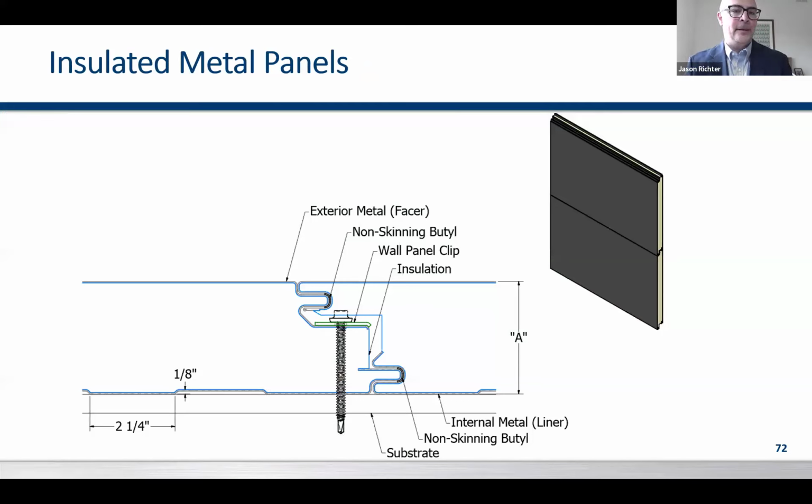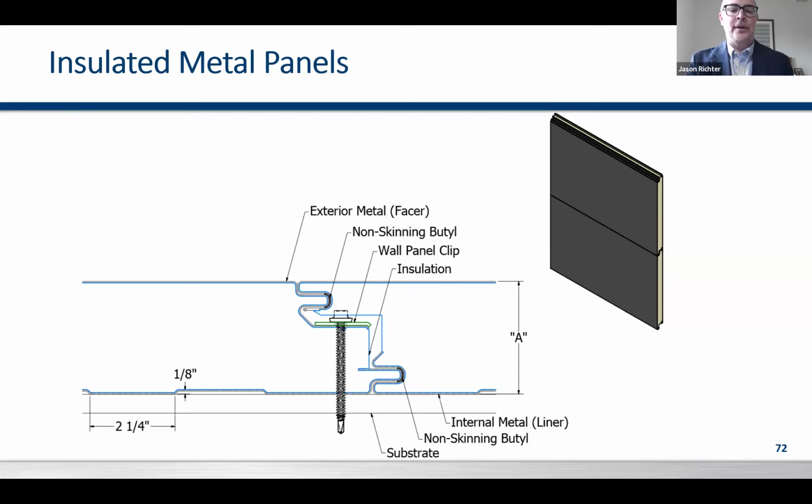A lot of times we're seeing insulated metal wall panels being used as what's called a barrier backup. Here it's replacing your sheathing, your vapor barrier, and your CI all in one component. You'll have a panel that is usually 2 to 4 inches in thickness. You get R7 per inch on an insulated metal wall panel.